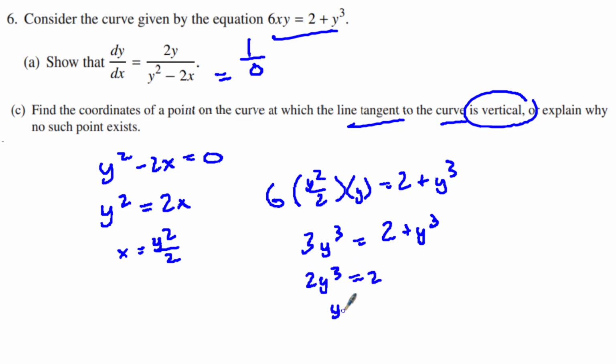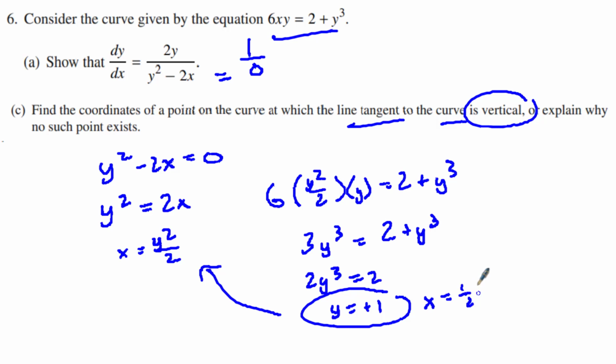So that means y can be equal to positive 1. Now I can plug that back in this formula. 1 squared divided by 2, which means x is equal to 1/2. So at the point 1/2, 1 is where we have a vertical line tangent.